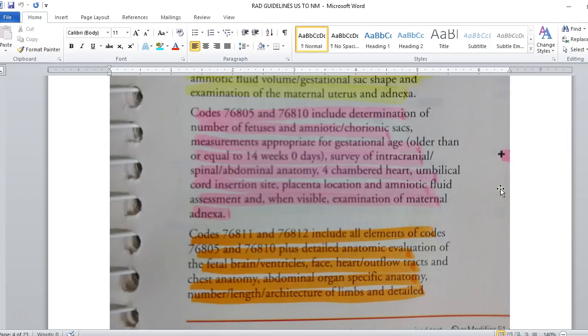So again, by the time we get to about 14 weeks and 1 day, these are the things that we can actually start to see on the ultrasound. Before this point, remember, the neural tube, which creates our nervous system, comes first, and then comes our hands and feet.